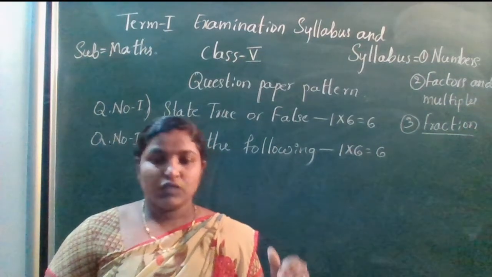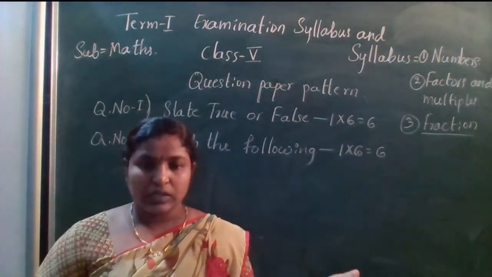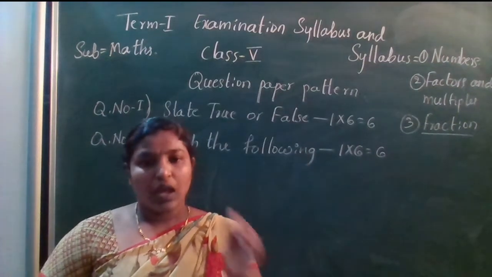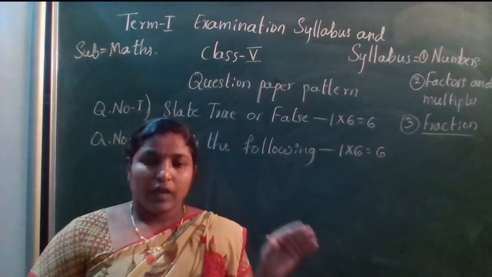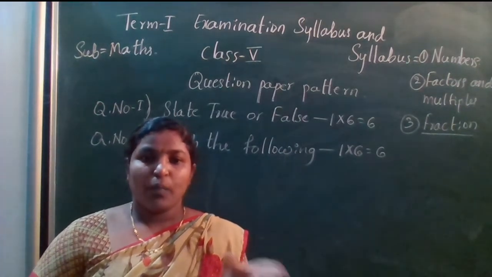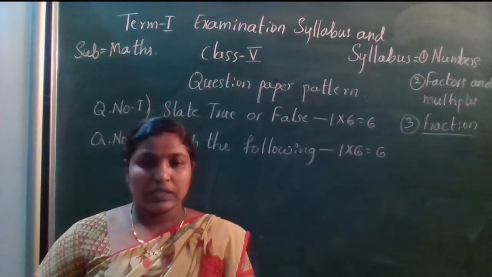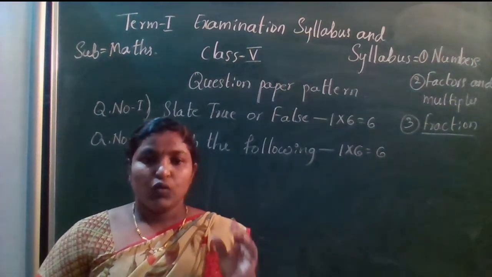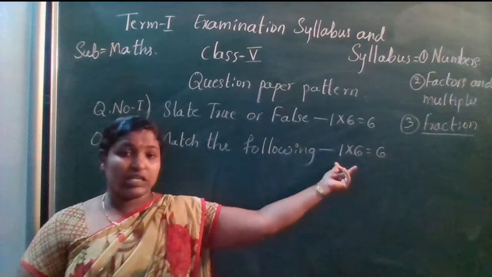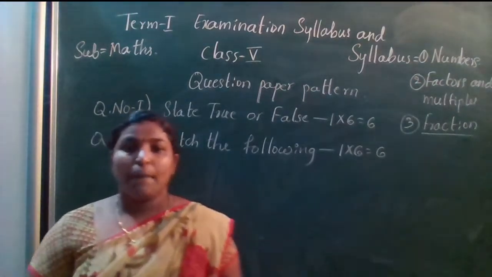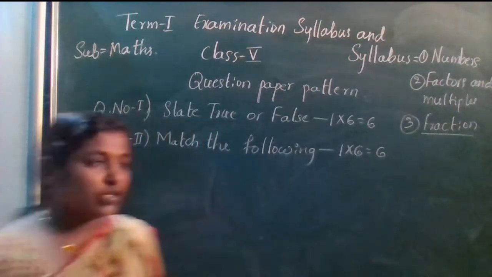That statements will be related to some answer. There will be column A and column B. From the column A statement, you have to match to the column B statement. Okay, you know about match the following very well. So there will be 6 marks for the match the following questions.